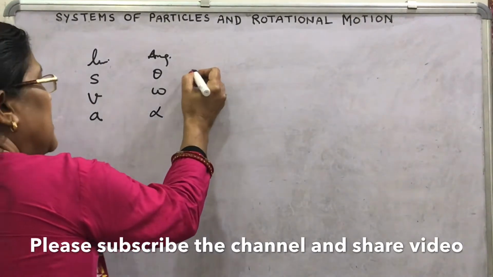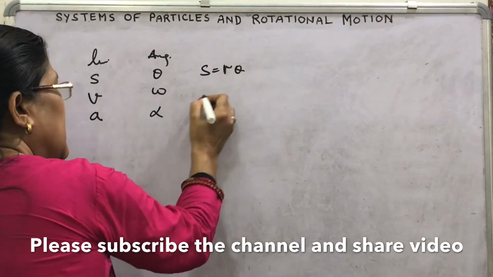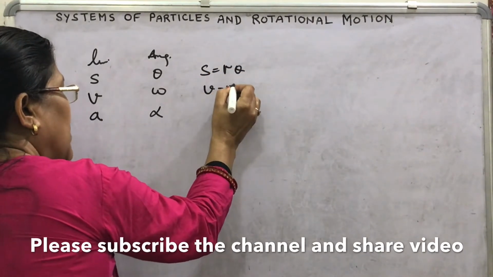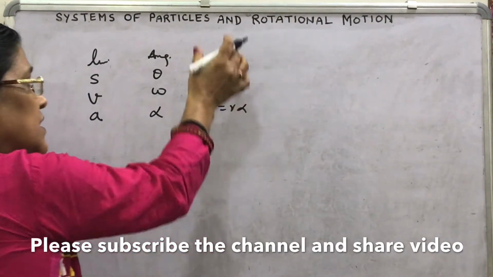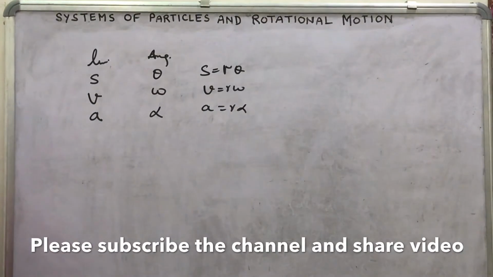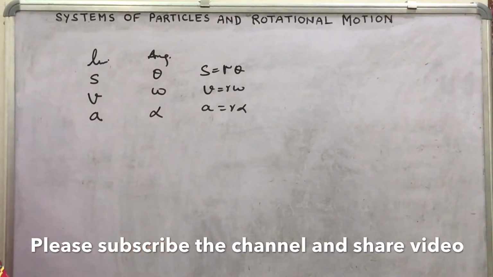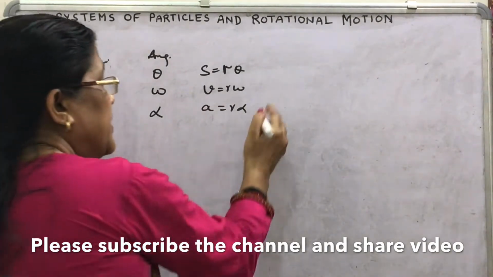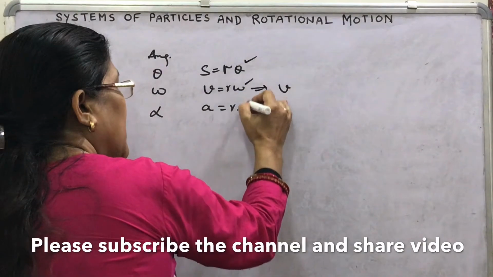Also we have read that s = r theta, v = r omega and a = r alpha. These are the magnitudes. Linear and angular quantities are related. But in vector form, we have read theta, omega and alpha.